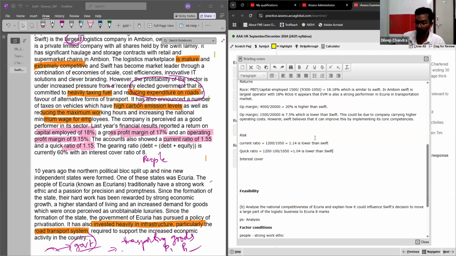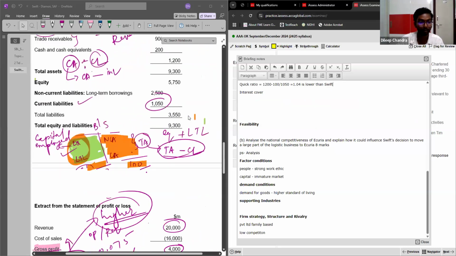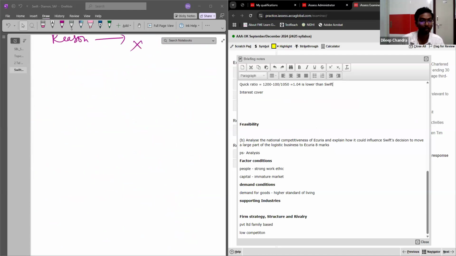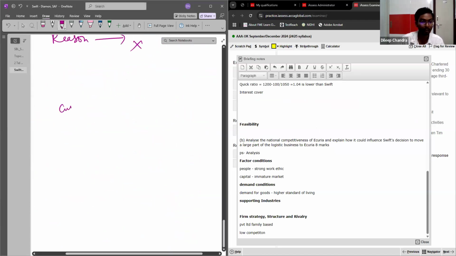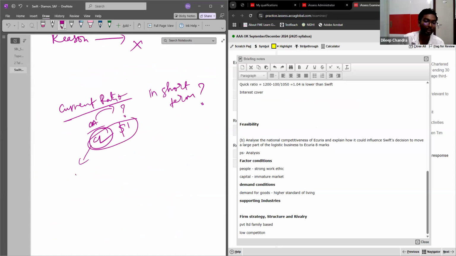So that what happens is, for example, current ratio, right? Current assets divided by current liabilities. So for every $1 of current liabilities, how much of current assets you have? In short term, what forms part of current liabilities?